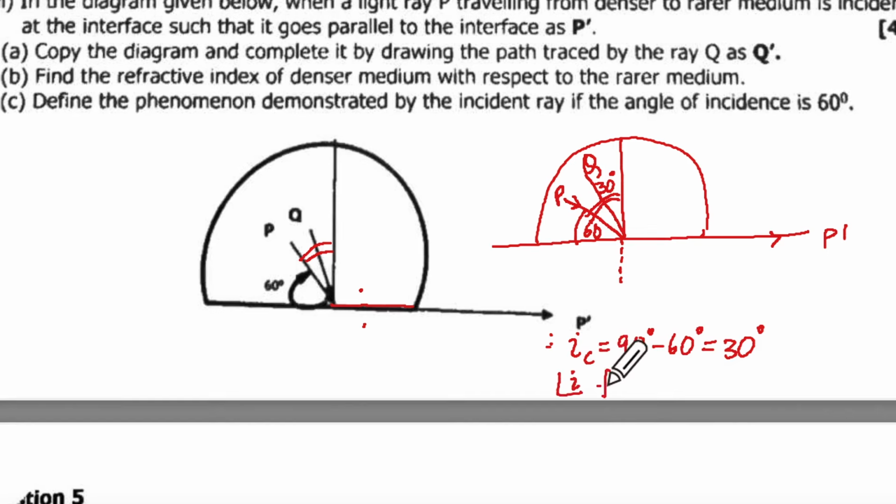Angle i for ray Q is going to be less than 30. It is this much, right? If from here to here is 30, this is more than 30 or less than 30? Less than 30. So it will go away from the normal like this. Okay, so this will be Q dash.